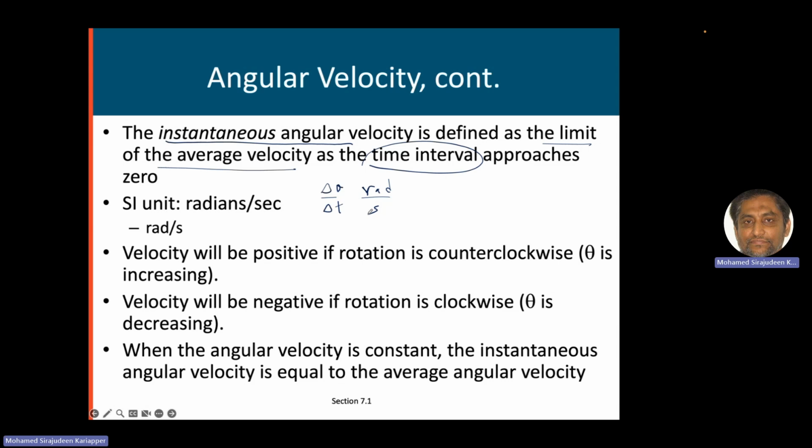Now comes what you're talking about. Rotation about a fixed axis is like a linear motion, moving in a straight line. You have a positive direction and a negative direction. So one dimensional, right? Similarly, when something is rotating about a fixed axis, it has two directions, like one dimensional rotational motion. Counterclockwise is one direction, clockwise is the other direction.